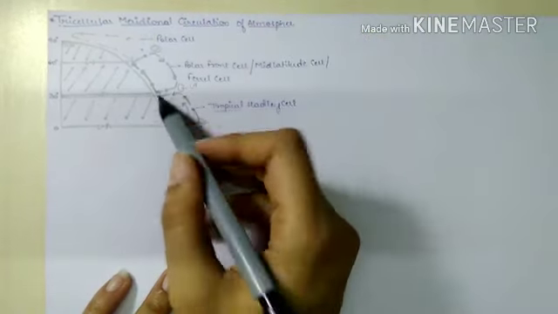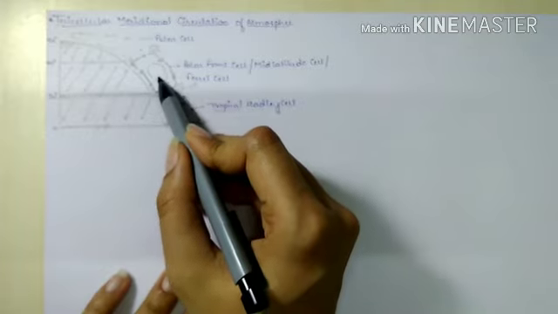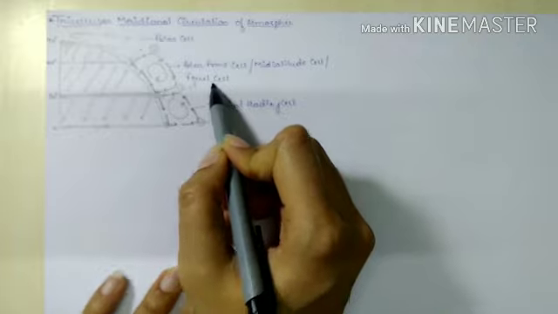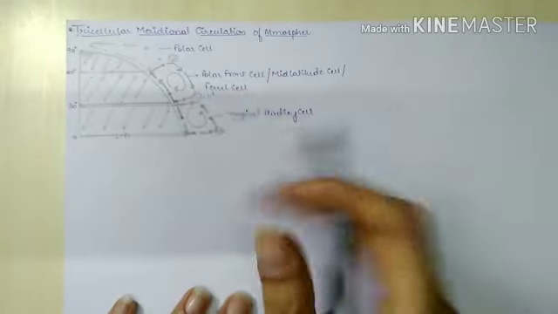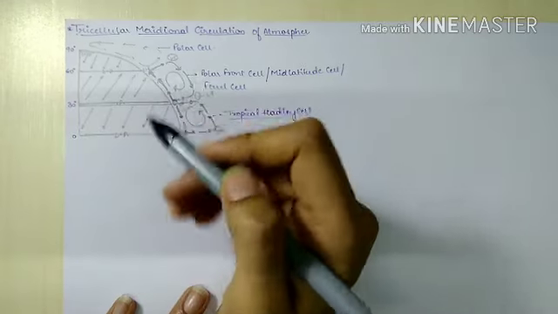So here also we can see the formation of a cell. This cell is known as Ferrel cell. The Ferrel cell ranges from 60 degree to 30 degree north and south.